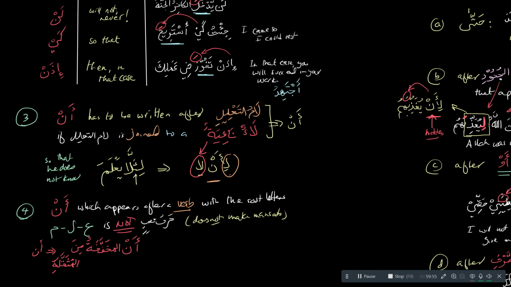That's a big name, okay? So it's known as an al-mukhaffafa min al-muthaqqala. Okay, that is an an which has, or an an al-muthaqqala, which has anna. Okay, which has anna in it.